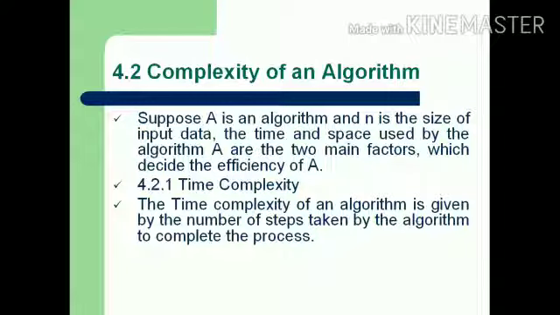Next topic is complexity of an algorithm. So here we repeat the same thing, time complexity. Suppose in the example, A is an algorithm and n is the size of the input data. Whatever input is required for this algorithm is assumed as n. Time complexity of an algorithm is given by the number of steps taken by the algorithm to complete the process.